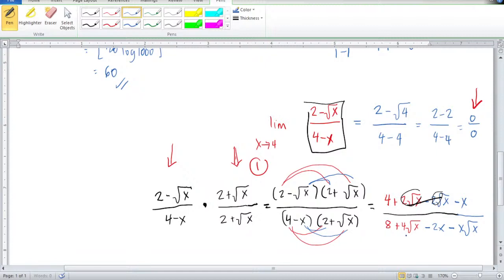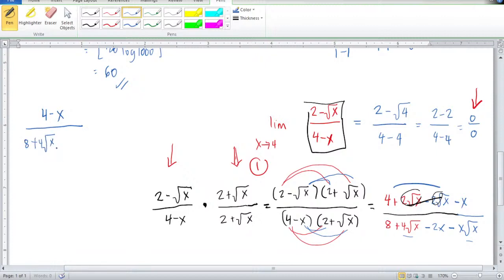We cannot, class, because they are different terms, so we cannot simply add them. Therefore, what will be our equation then? We have 4 minus x over 8 plus 4 square root of x.